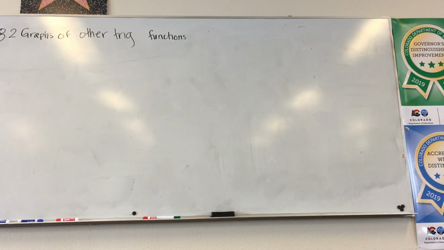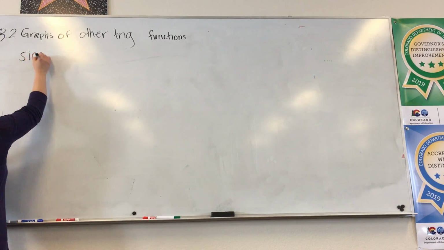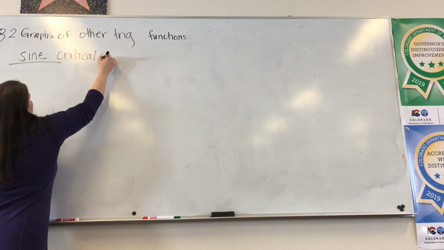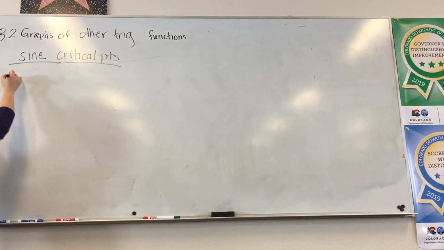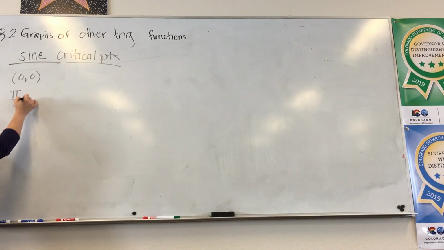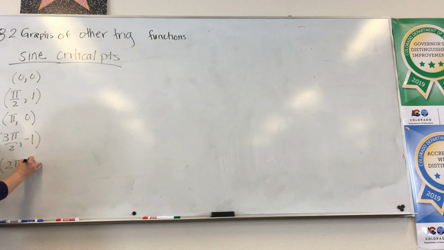If you think about it, your original sine function has critical points at (0, 0), (pi over 2, 1), (pi, 0), (3pi over 2, negative 1), and (2pi, 0).